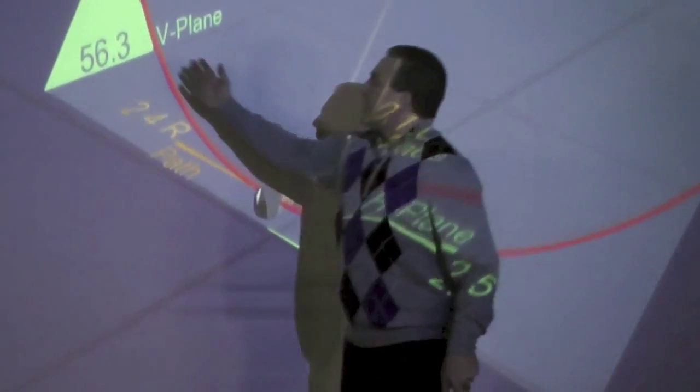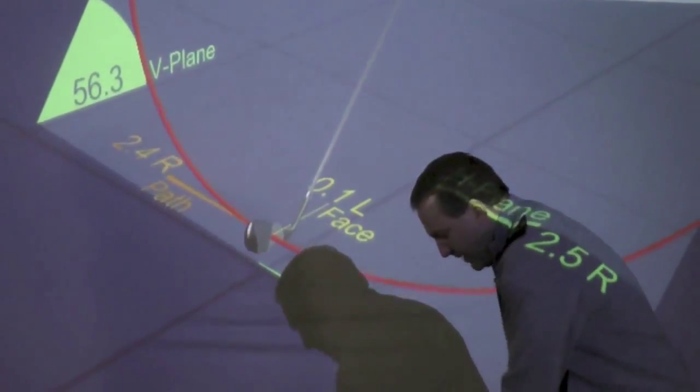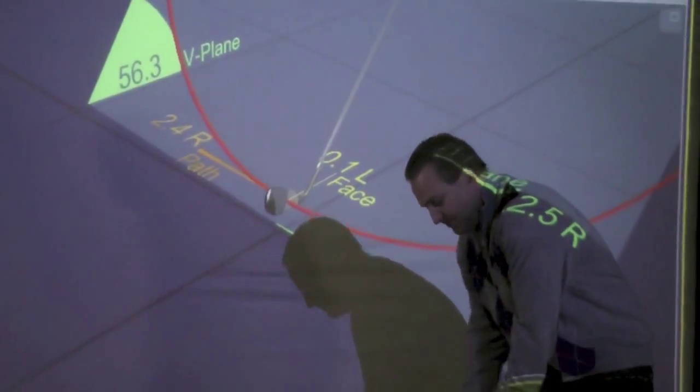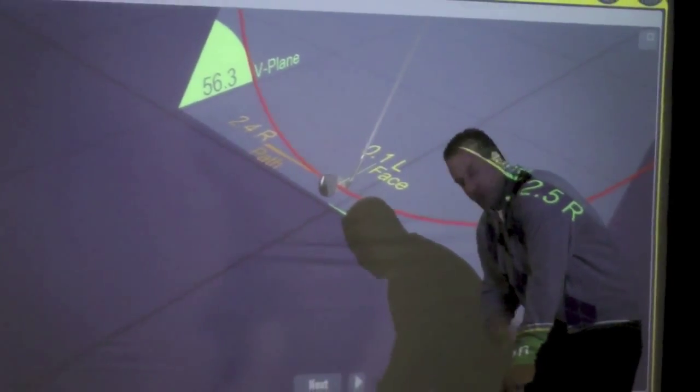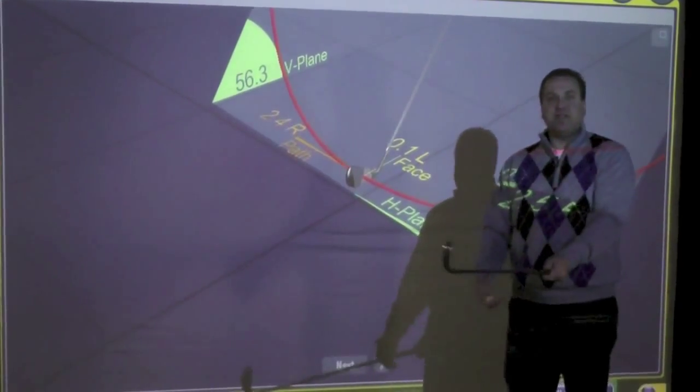So by restoring his vertical swing plane to a better number, to where the club came in much more normal to the ground, we restored some type of normal angle between the left arm and club, and it allowed him to square the face better.